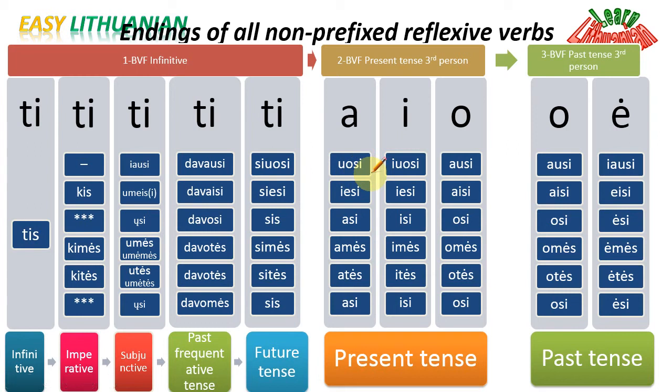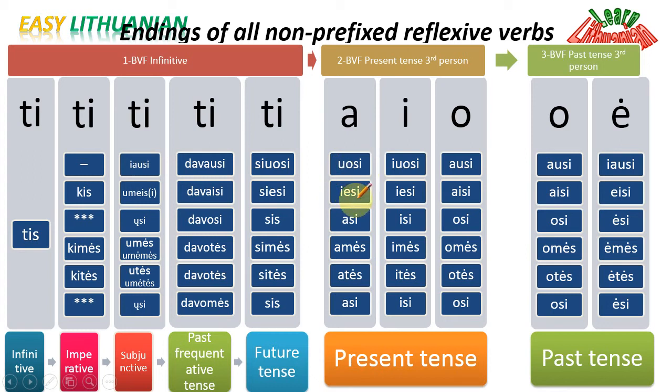But whenever the verb ends in only o, you need to change the o to the diphthong o. And if the ending is I, for example, tu dirbi, you're working, it changes to the diphthong I.